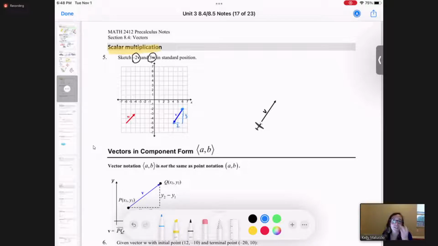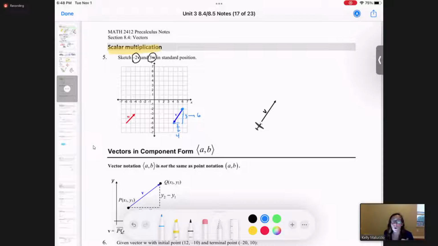That's how I would get the distance of my vector v. And I want negative 2 times that. So first, you can double this. You want this side to have 6 and this side to have 4.